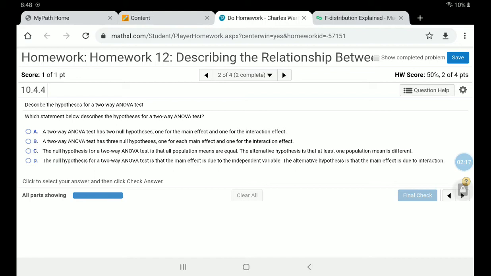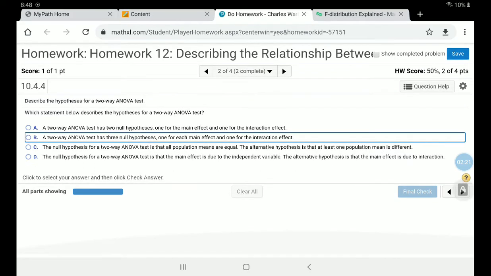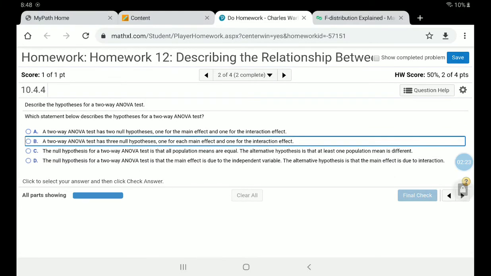So in our example in the homework, if we're doing a commercial, maybe the length of the commercial might have an effect. So will a 30-second commercial be as effective as a 1-minute commercial? Or will the type of commercial be effective? That might look like TV versus radio. So you want to see if those 2 things have an effect.